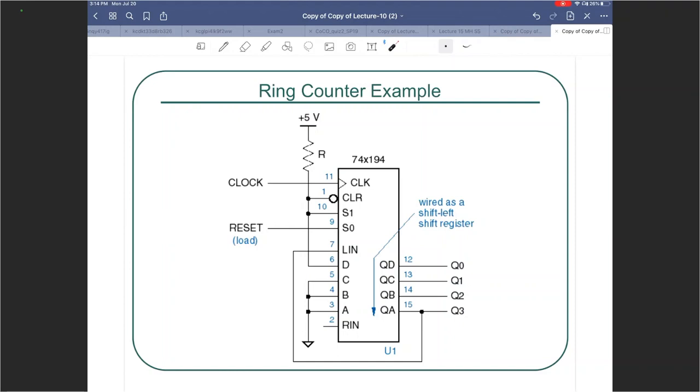Now there are two more examples that are pretty interesting that are left over. One is the ring counter, and then there is the Johnson counter.